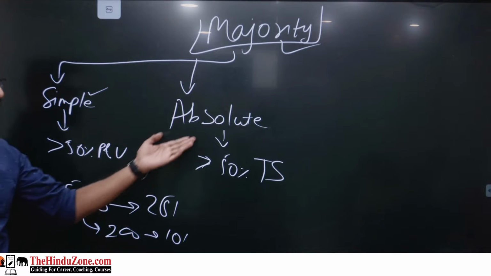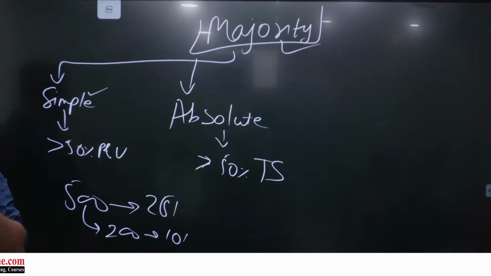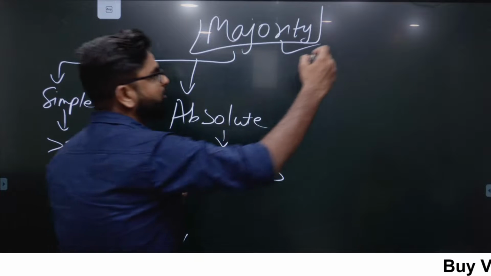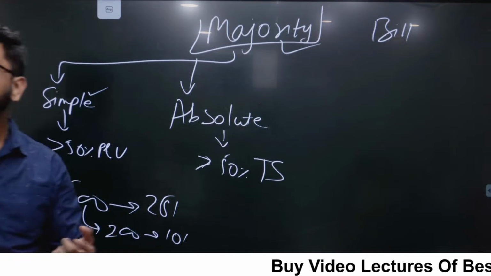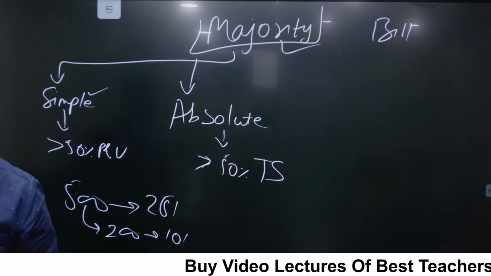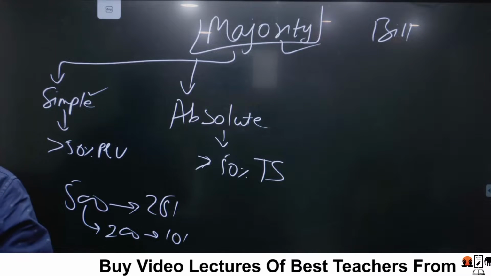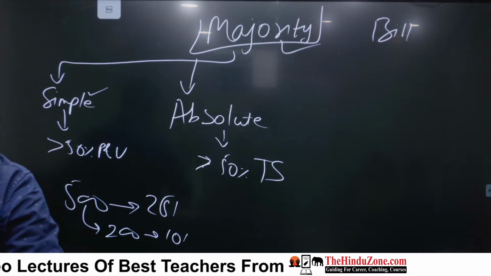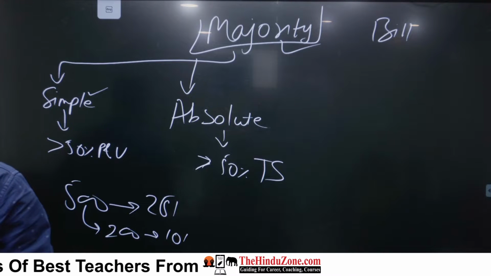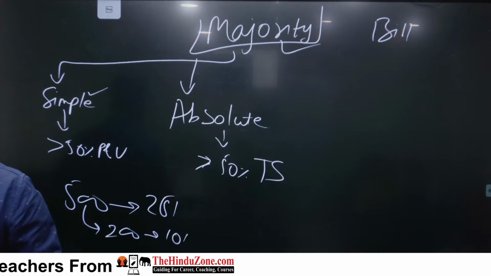Now, if a bill has to be passed by absolute majority, for that, one minute, I keep on saying the word bill. Does everyone understand this word bill? What do you understand by bill? Feel free to say anything. Of course, you must understand something by bill. What is a bill? The restaurant bill, right?